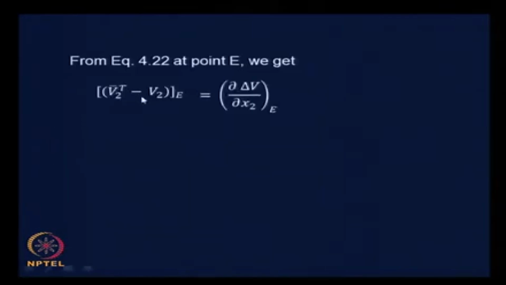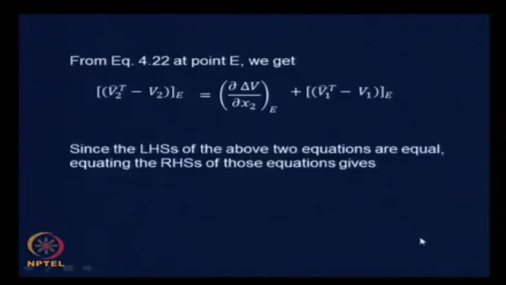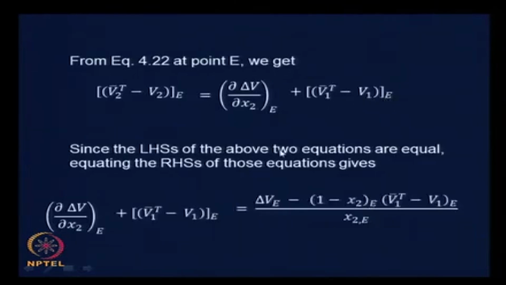V2 T hash minus V2 at E equals dou x2 of delta V at E plus V1 T hash minus V1 at E. And since the left hand sides are equal between the previous equation and this equation, we can equate the right hand sides, and therefore dou x2 of delta V at E plus V1 T hash minus V1 at E equals the right hand side on the previous equation, delta VE minus 1 minus x2 E into V1 T hash minus V1 at E divided by x2 E.